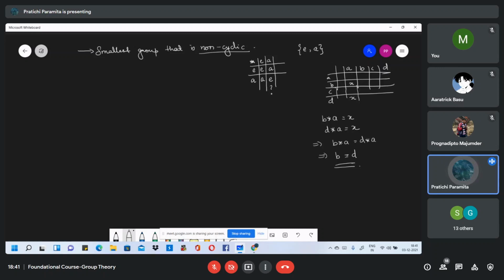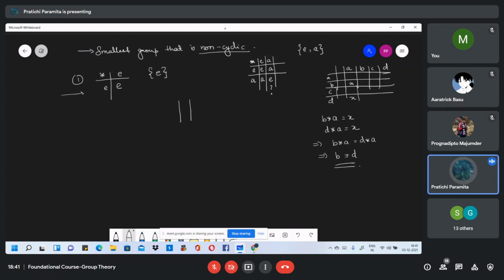So now if I have to construct the Cayley table for a group with just a single element E, then I have E over here. This actually tells me that up to isomorphism, there is only one group of order 1.